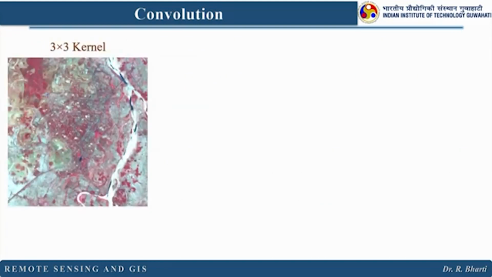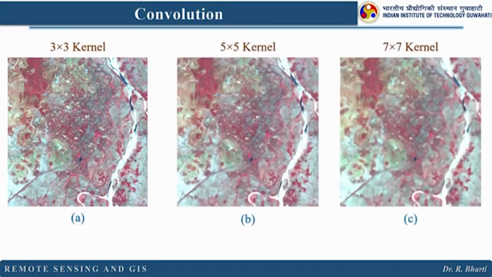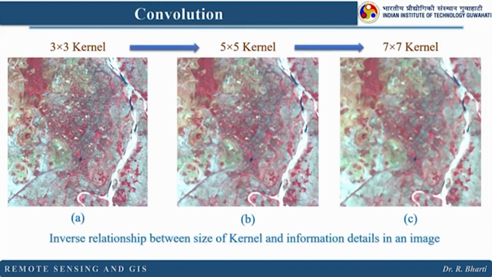So this is one example when you are using 3 by 3, 5 by 5 and 7 by 7 kernel. This is one example when you are using averaging. Here in 3 by 3 you can see details, but here it is a little bit blurred. Why? Because it has been averaged using 5 by 5. If it is 7 by 7, then again it is more blurred.